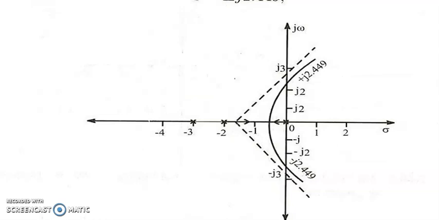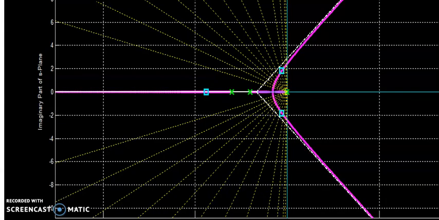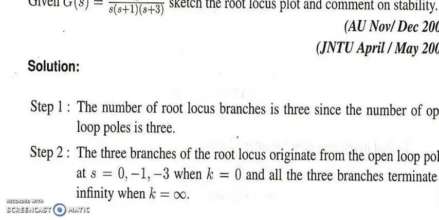So s square comes out to be minus 6, which means s is equal to plus or minus j 2.449. If you really draw the root locus, you can see that it intersects the imaginary axis at plus j 2.449 and minus j 2.449. So this is the root locus. This is the direction in which the closed loop poles will move.